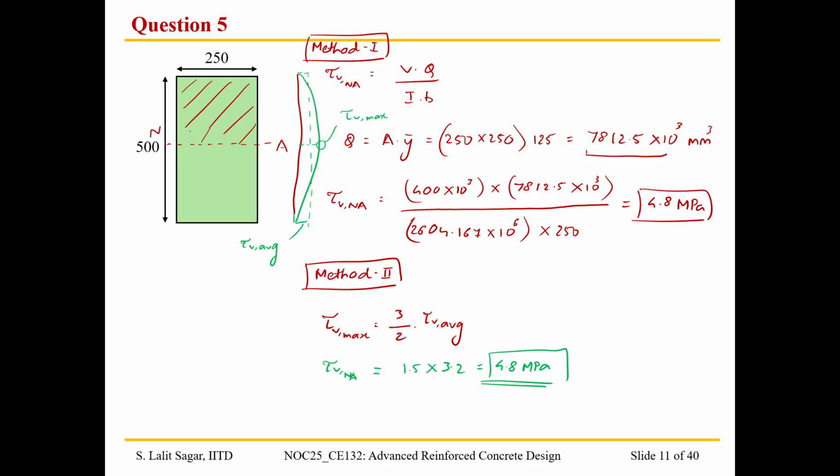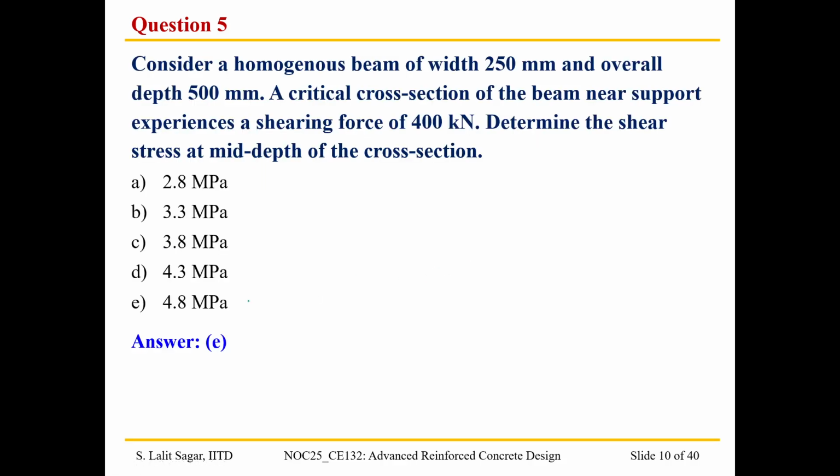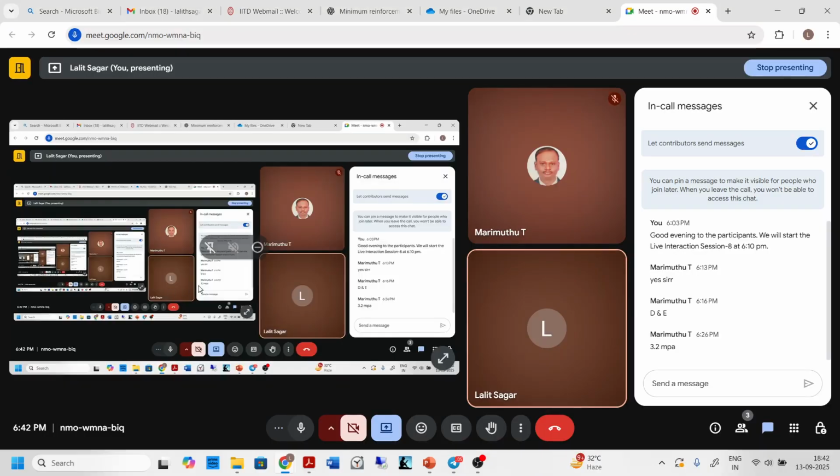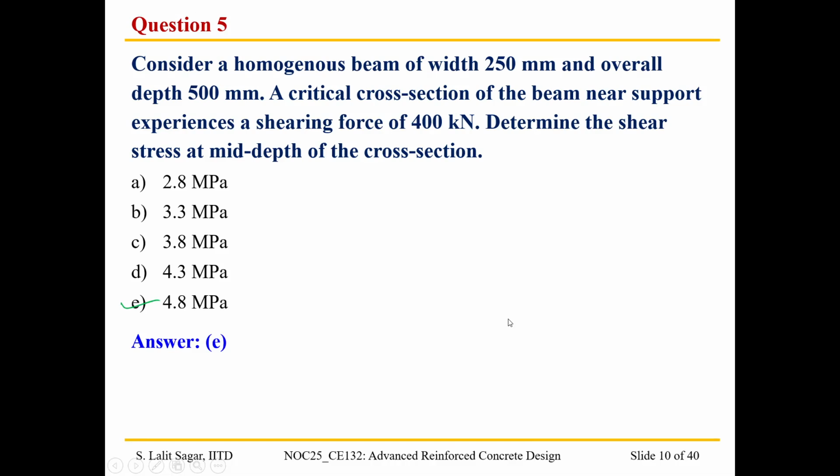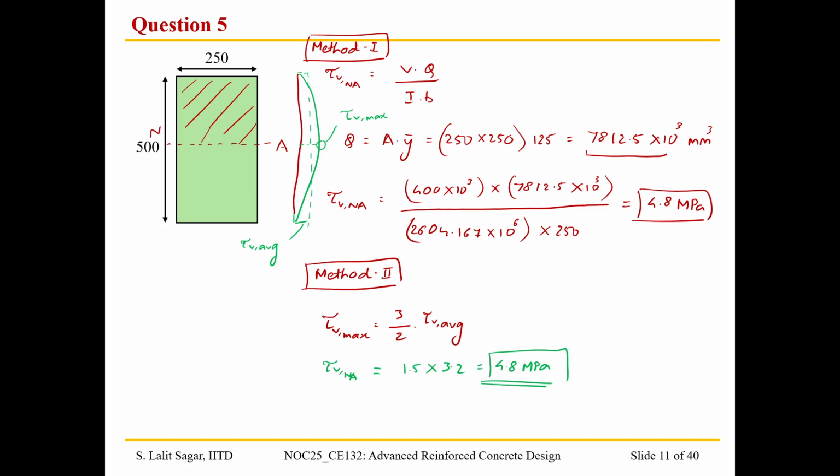If the axis under consideration has even a slight offset, this particular equation does not hold good. So the correct answer is option E. I hope that you are able to arrive at the correct answer. With that, we can proceed to the next question.